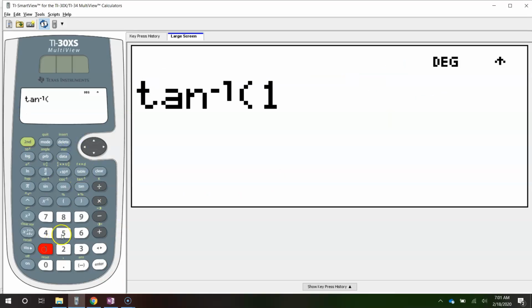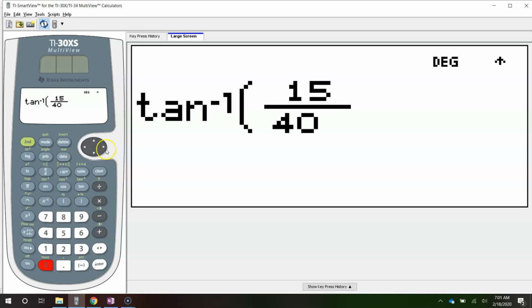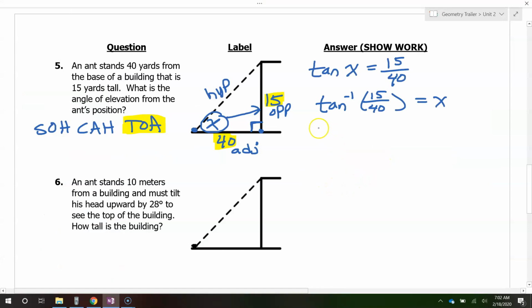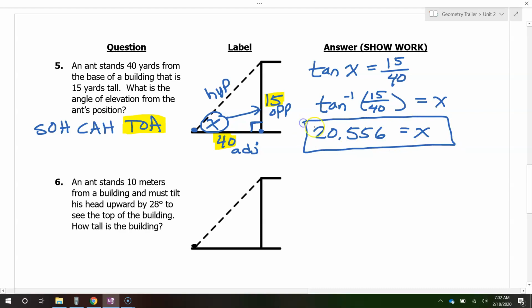Inverse tangent of 15 over 40 is 20.556. Alrighty then. Moving on to number 6.